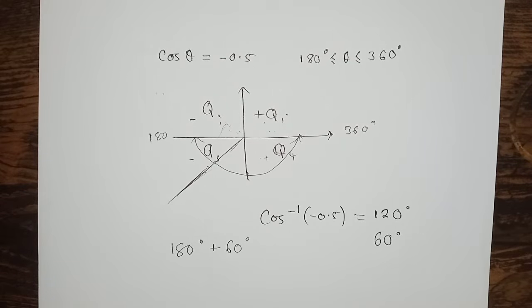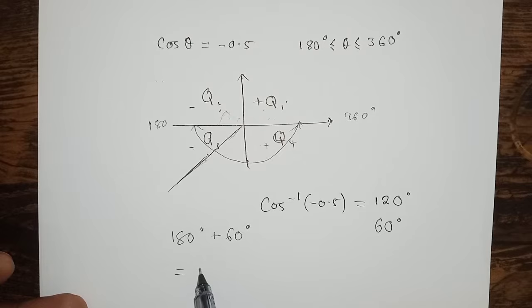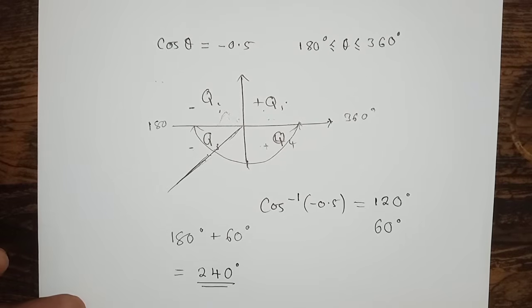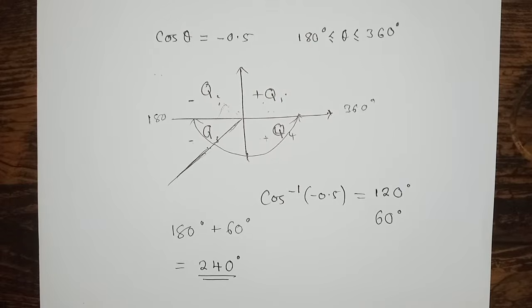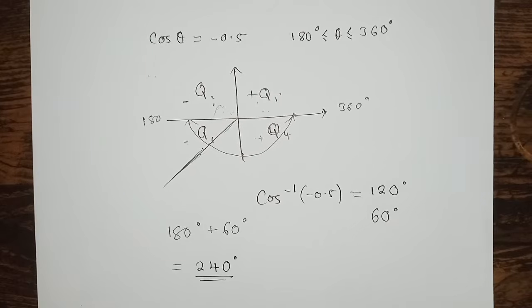So 180 plus 60, we are getting 240 degrees. So this is our solution. Our solution here is 240 degrees. We go to the next question.